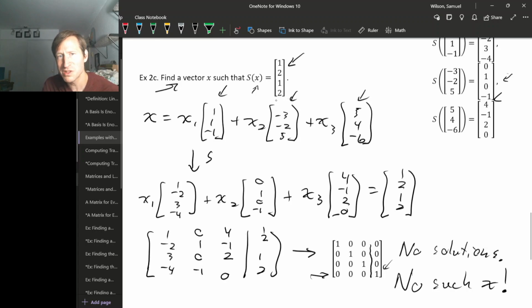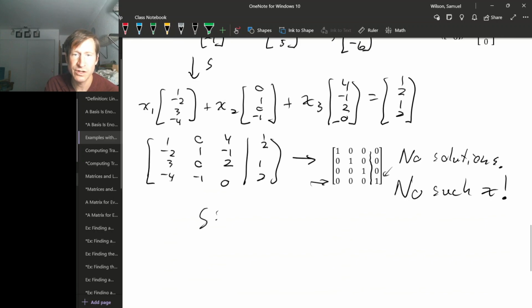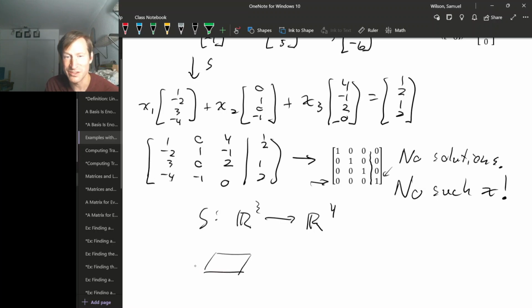So one way to interpret this is that this vector 1, 2, 1, 2 is not in the image of S. Right? So S was from R3 to R4. I'm going to decrease the dimension of everything by 1 just so that I can draw some pictures. So it's as if the domain space for S was a small dimensional space, and we're putting it into a higher dimensional space.